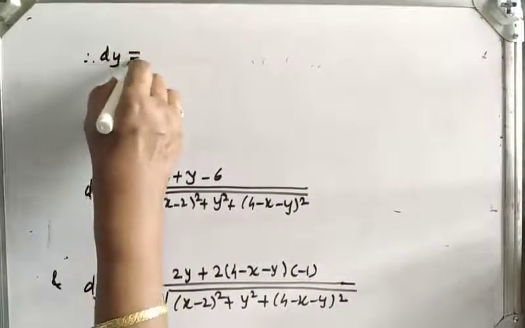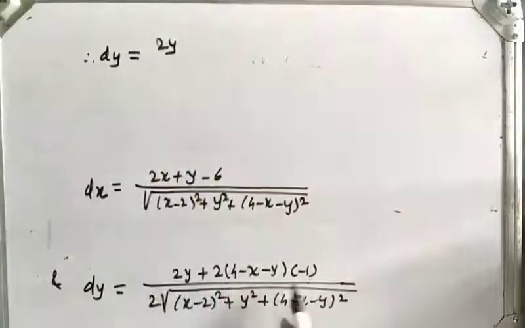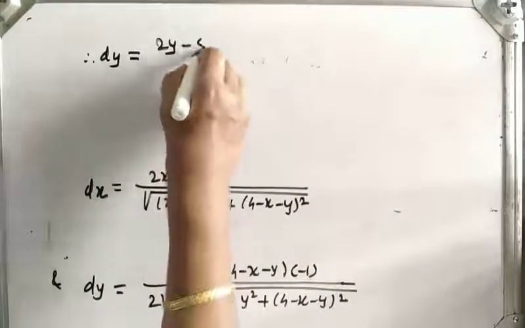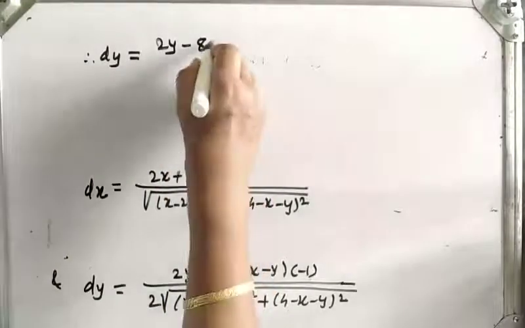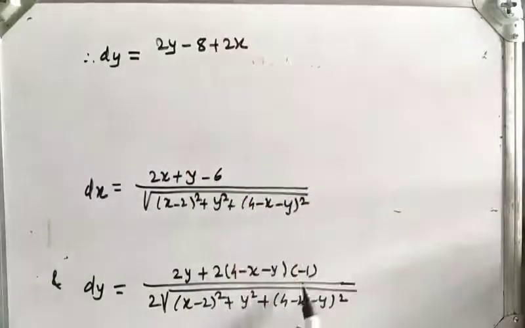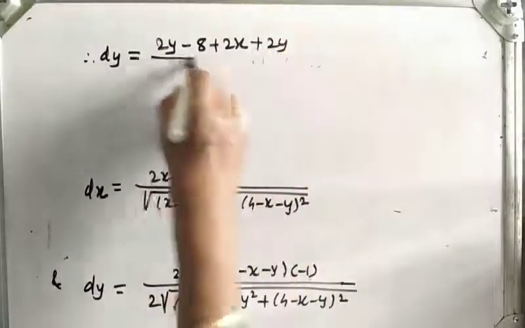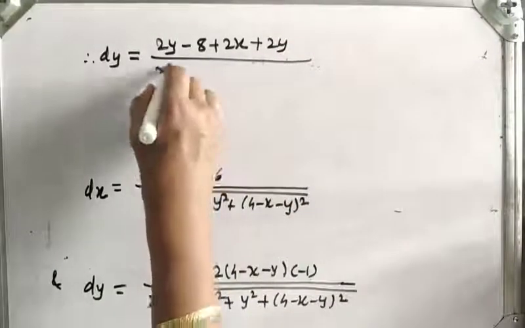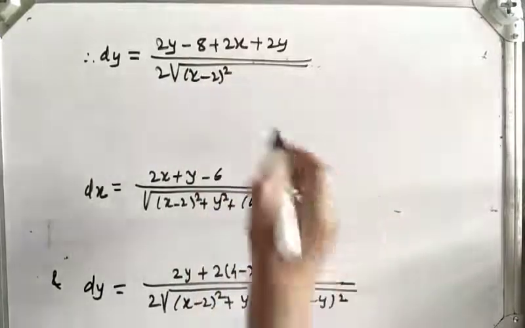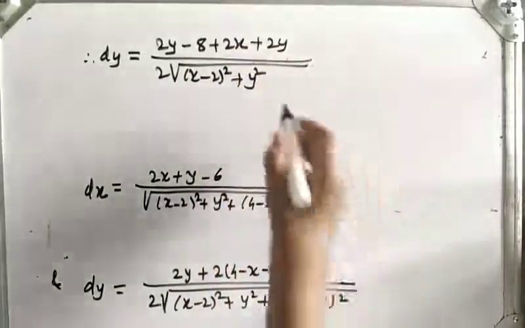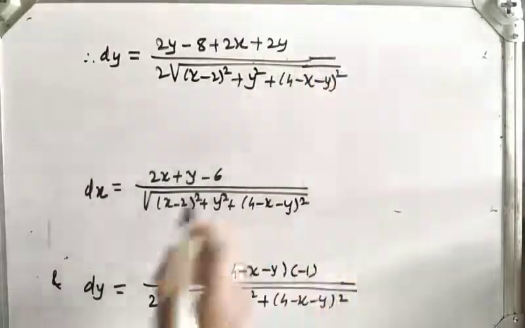Therefore dy is equal to 2y plus minus 8, multiplied by minus 2, minus 2x plus 2y upon 2 square root of (x minus 2) bracket square plus y square plus (4 minus x minus y) bracket square.